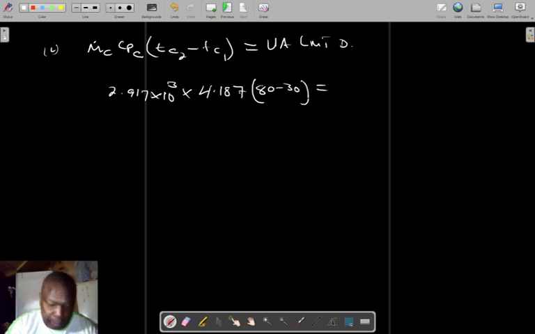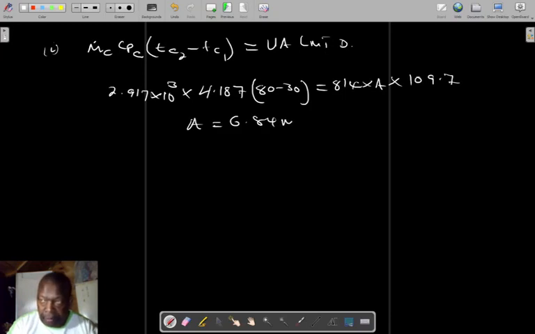That must be equal to U 814 times the area which we're looking for times 109.7, and that will give us an area of about 6.84 meters squared.